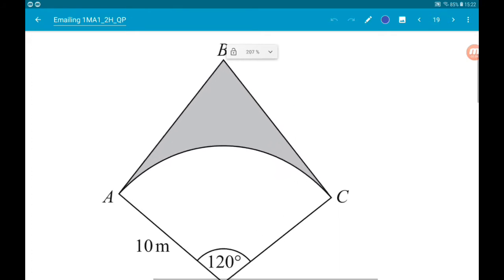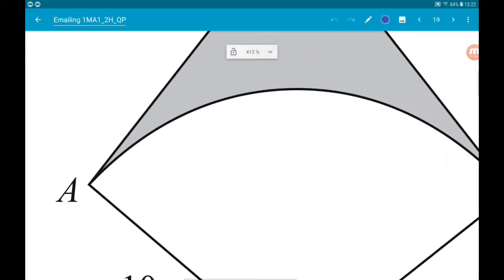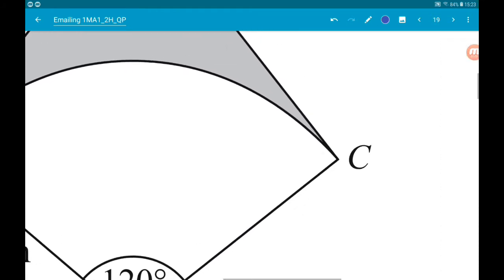So, in this lovely diagram then, those two tangents are the top left and top right sides of this quadrilateral.